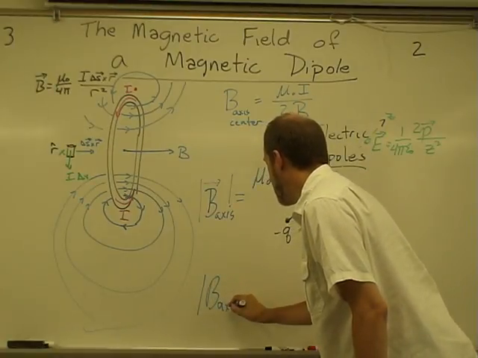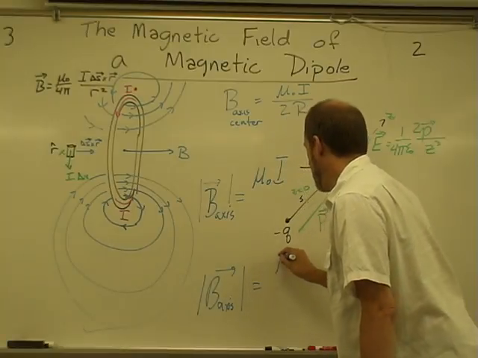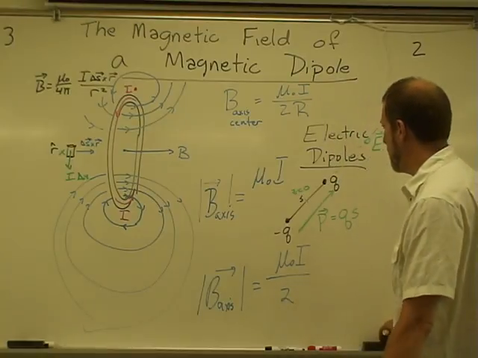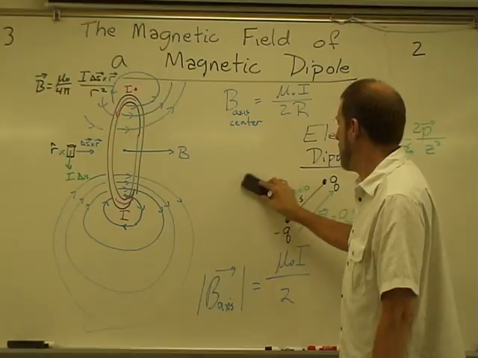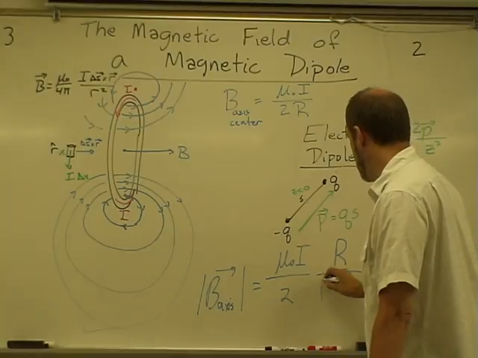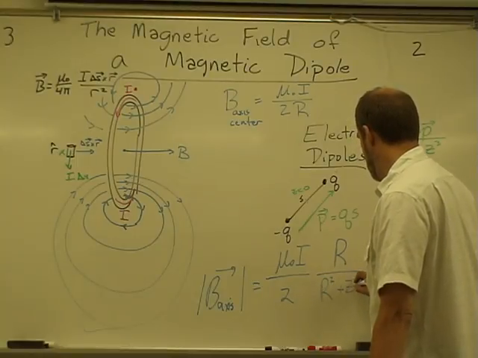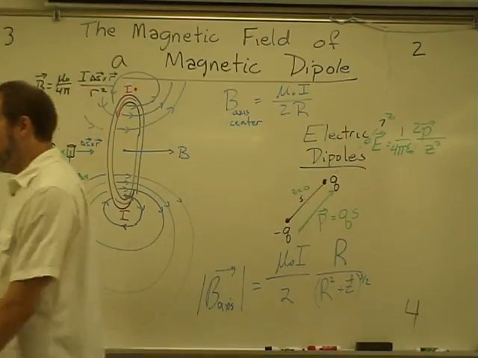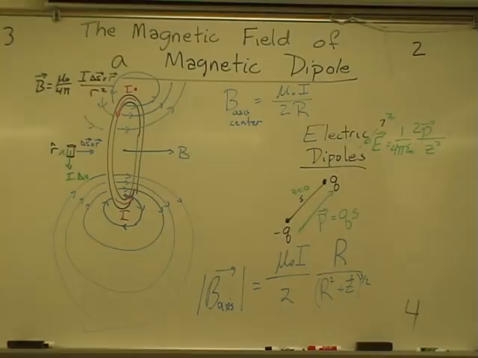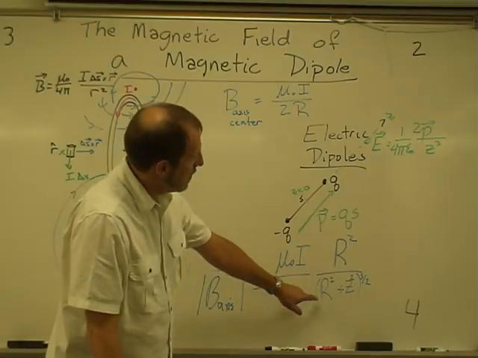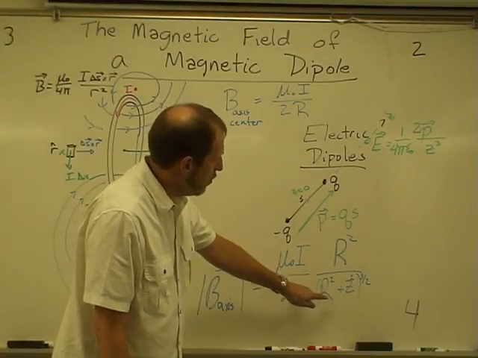The magnetic field on axis is mu naught I over 2 times R squared over the cube of the distance of this.